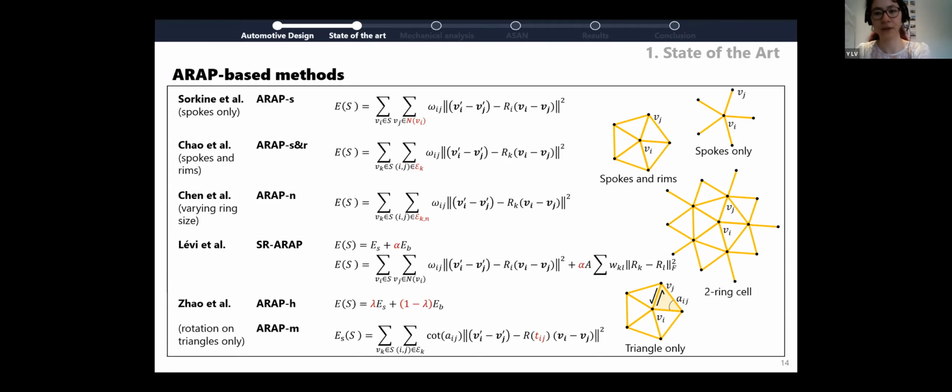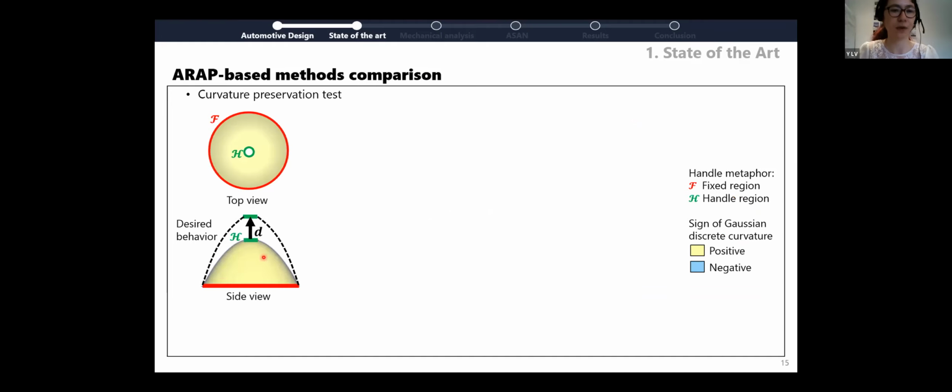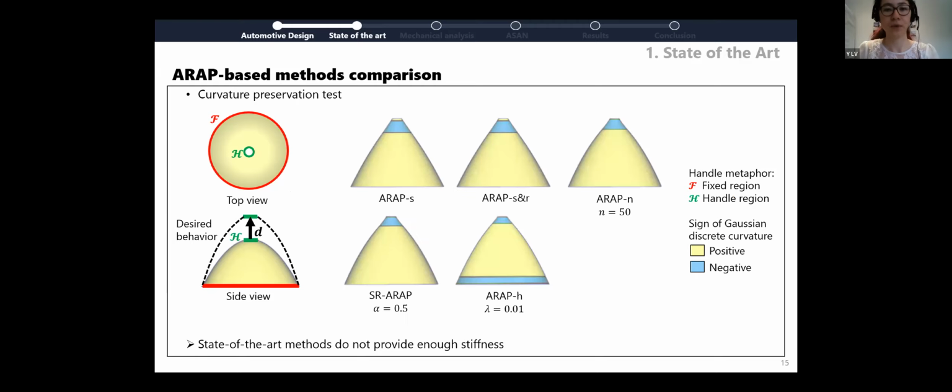So we compared these methods through a simple test. So we took this shape with positive curvature everywhere and pulled it up. So the goal was to preserve the initial curvature distribution. But we can see that even if we chose the parameters that reached the maximum stiffness for each method, they couldn't preserve the initial curvature distribution, and curvature sign changes appear here in blue.